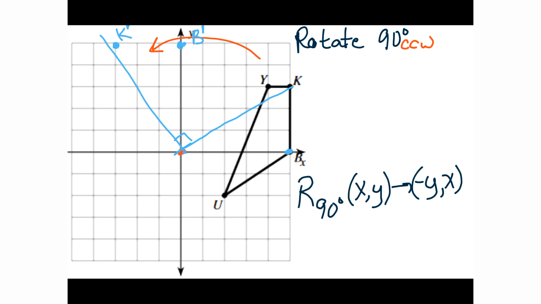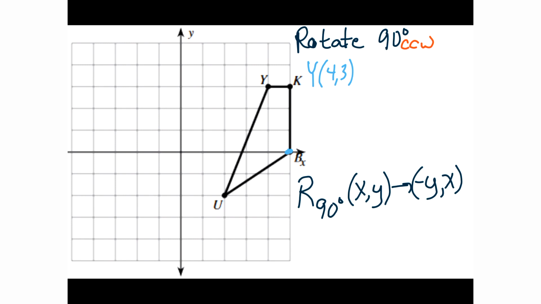What this means is that the y coordinate is being negated and placed in the x position, and the x coordinate is being left alone and placed in the y position. So if I take a look at these points individually, we notice that y is at the coordinate (4, 3).